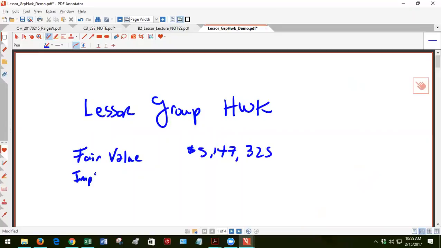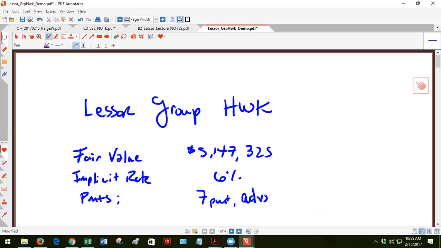Implicit rate, lessor always uses the implicit rate, 6%. Payments, 7. That's a little bit messy, isn't it? Even for me. Say 7 payments in advance.